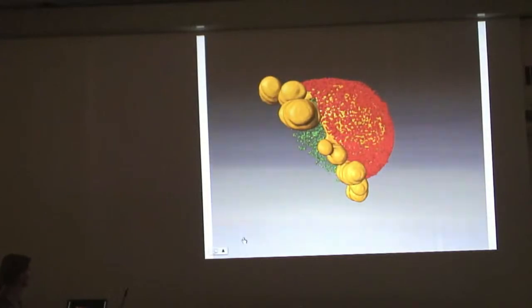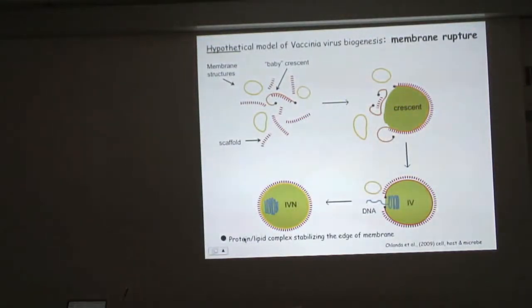So, based on all of these results, we propose this quite unconventional model on the biogenesis of this membrane. Basically, what we believe is that there is something going on like membrane rupture, where heterogeneous membranes, which we know are derived from the endoplasmic reticulum, rupture open, and are shaped to bend in a certain direction via the scaffold protein that associates with them.